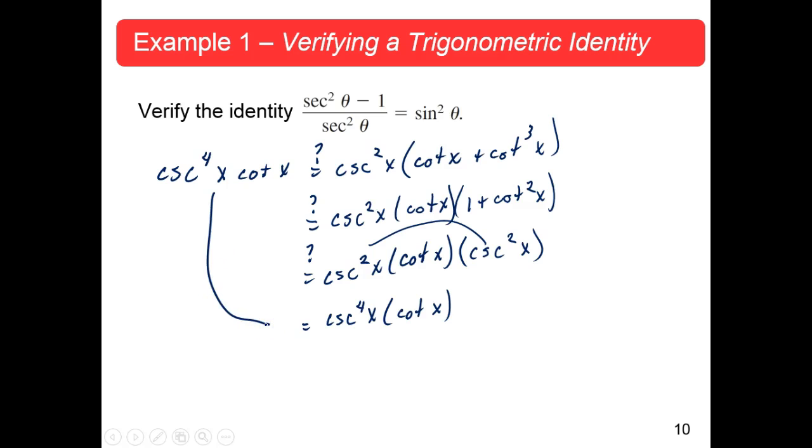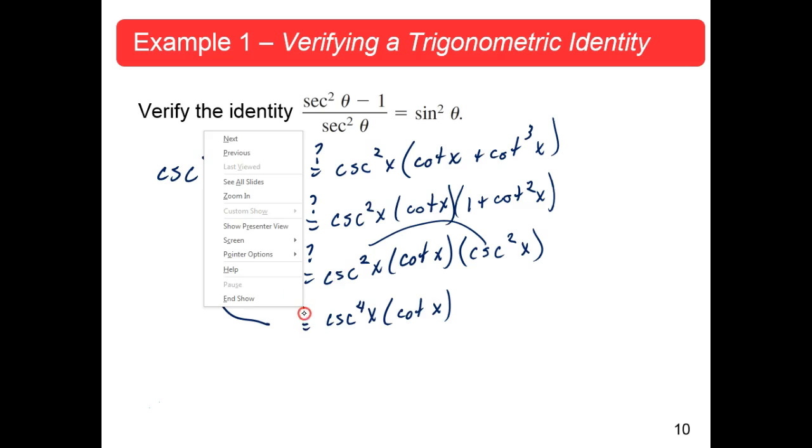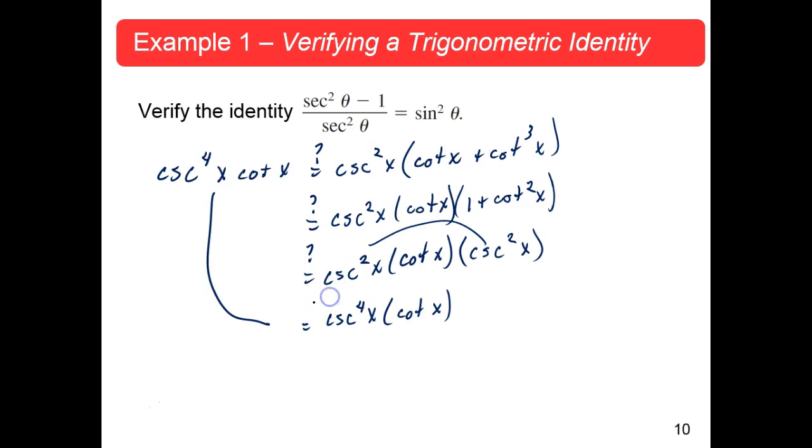That is exactly equal to that. So you have verified the identity. See how that works? Yeah, you just try to get the two sides to be the same.